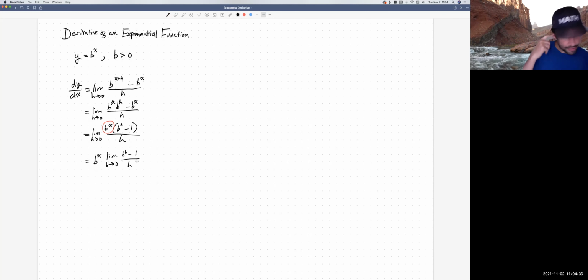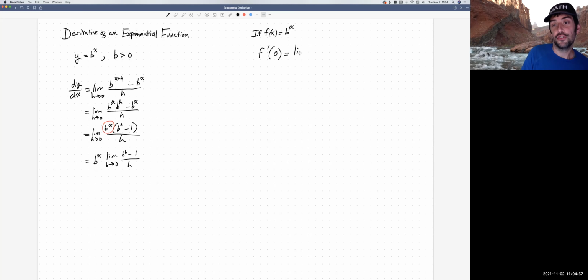Let's examine this limit a little bit. There's something very interesting happening here. If f of x equals b to the x, notice that f prime of 0, let's use our definition of the derivative at a point. We have f of 0 plus h minus f of 0 all over h is equal to the limit as h goes to 0. So b to the x, f of 0 plus h, we're putting in 0 plus h for x.